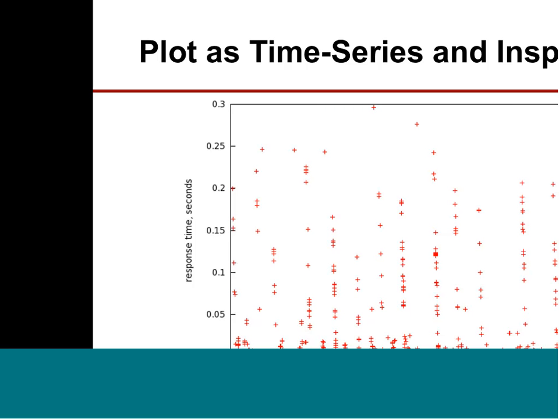So it's a one-liner to generate this graph. I simply say plot, give it the name of the file, and then say using 4. That means using the fourth column in that data, which was the response times, the subtraction between the end and the start timestamp. And I get this plot. It takes about 10 seconds. It took a few more seconds to add the labels onto the plot, but no more than that, really.